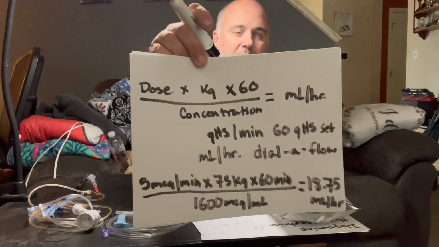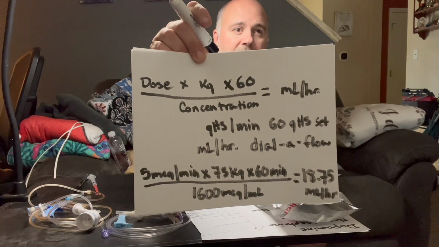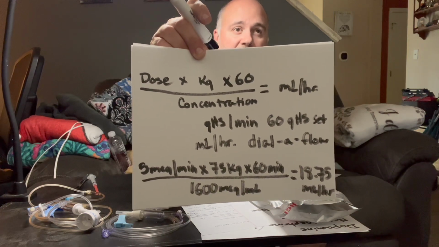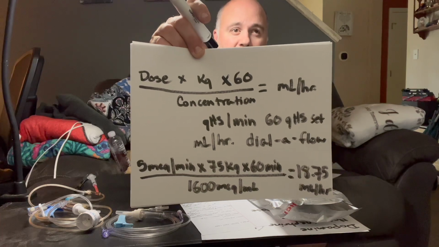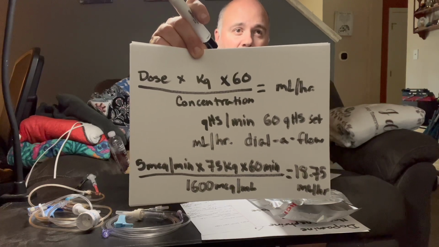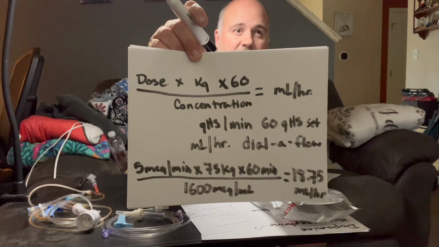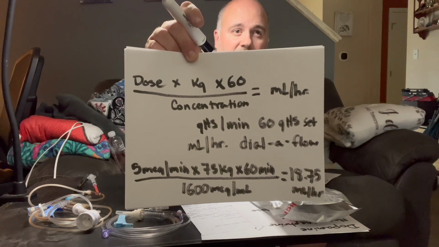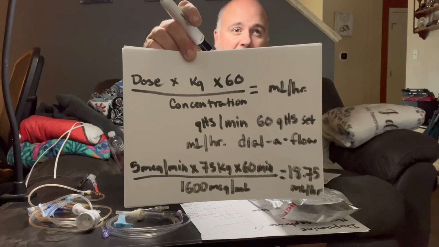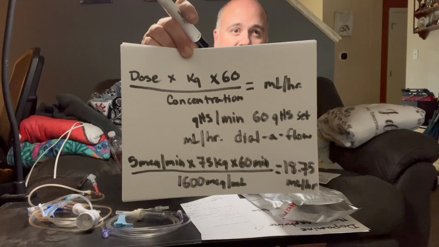So we have 5 micrograms per minute times 75 kilograms times 60 minutes over 1,600 micrograms per ml equals 18.75 mLs per hour. So that'll either equal the 18.75 or 19 drops per minute with the 60, or the 19 mLs per hour with the Dial-A-Flow.